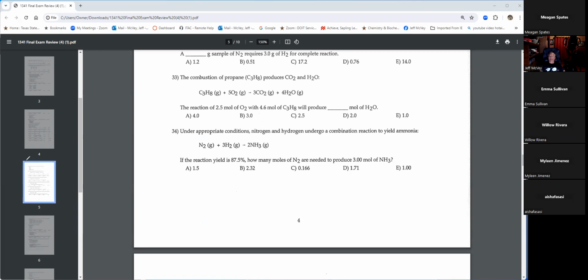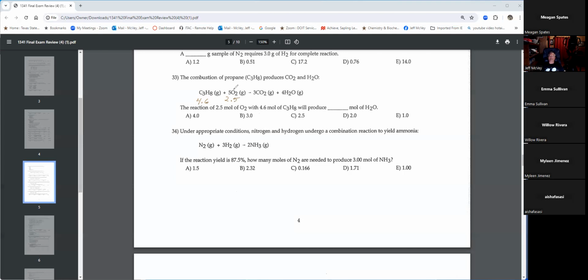Okay, this is a limiting reactant problem. I've got 2.5 moles of O2, and I've got 4.6 moles of propane. While we're on the subject, this is a hydrocarbon, a compound composed only of carbon and hydrogen.